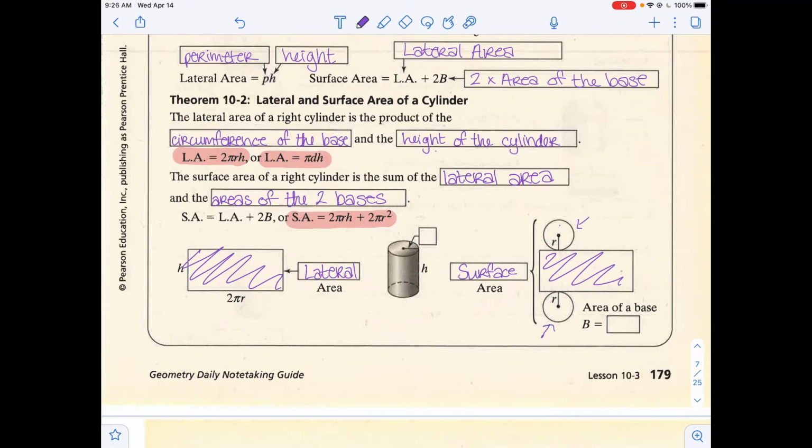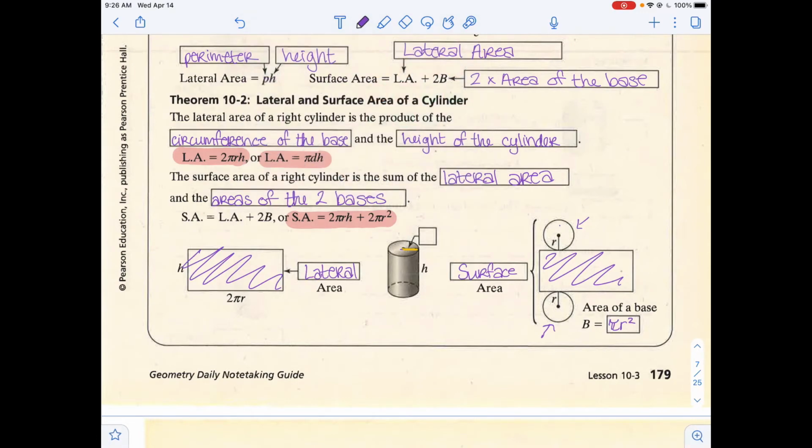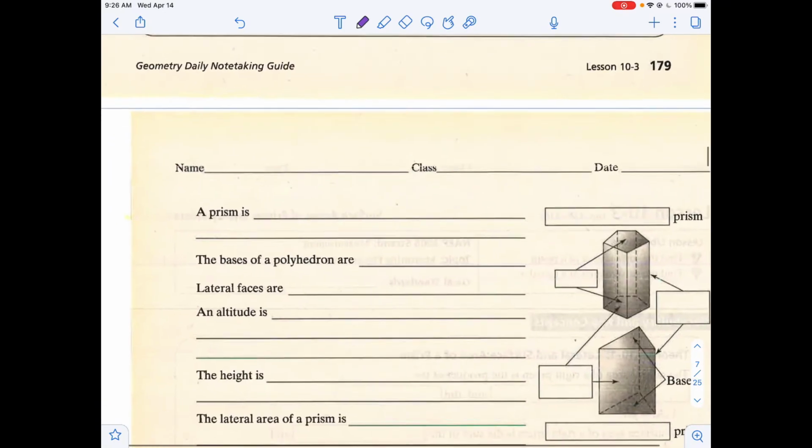Okay, and we know that the area of the base is pi r squared. And then this line up here, let me grab a different color so you can see it. This line that goes from the center of the circle to the edge is called the radius, and we use r to represent that. Okay, let's keep going with some vocabulary here.